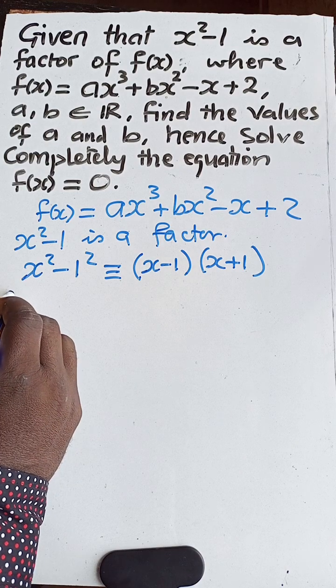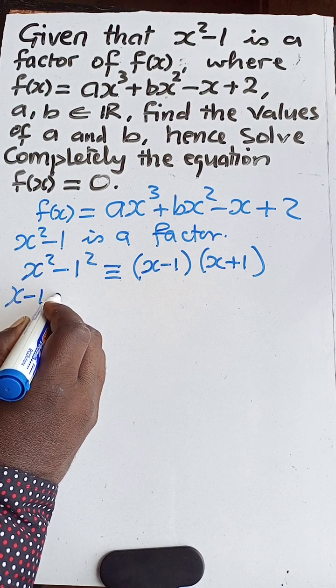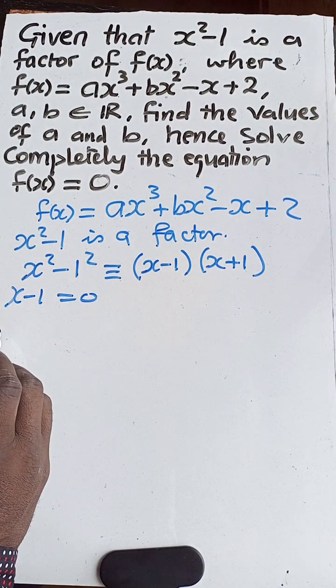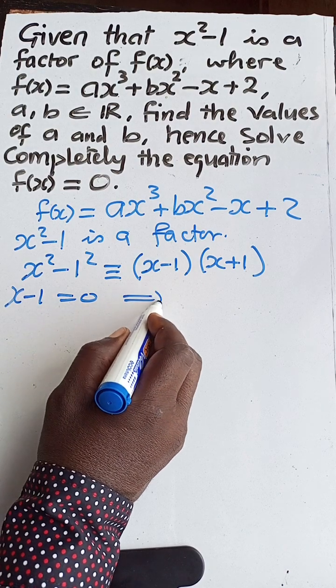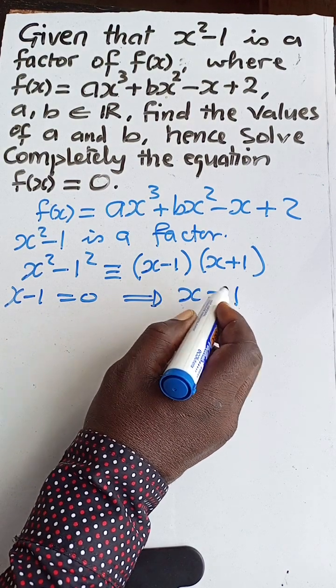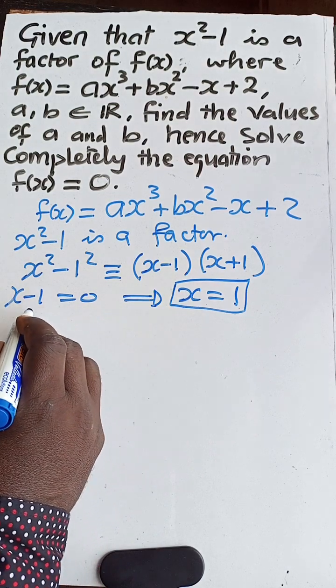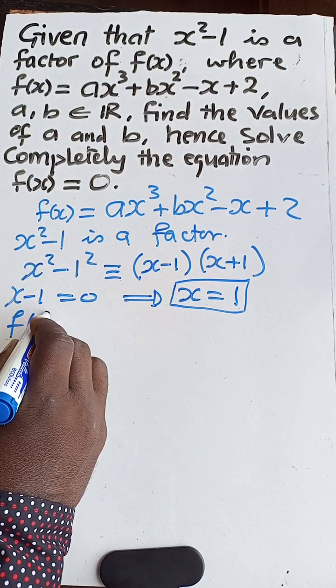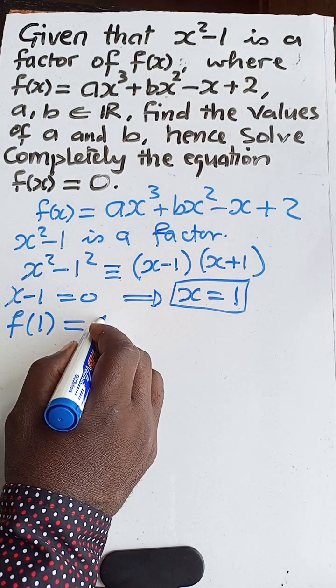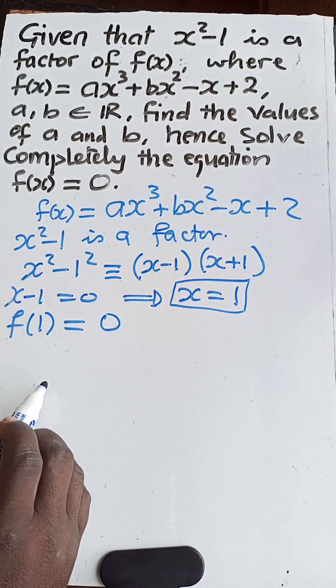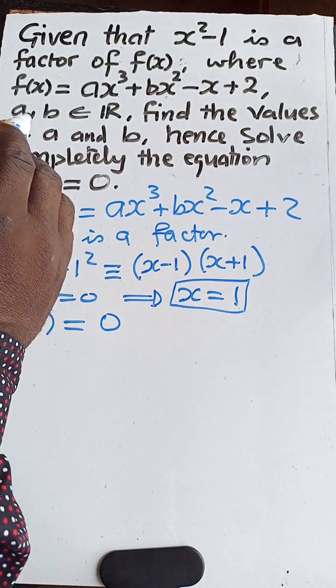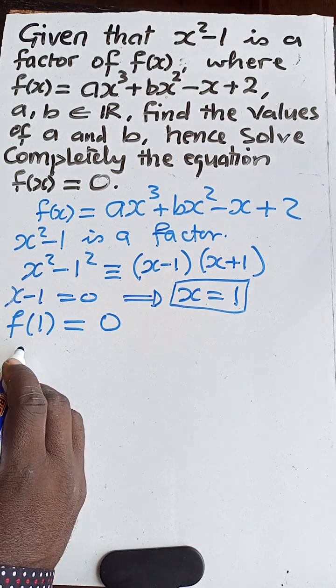All right, taking x minus 1, we'll set it equal to 0. This will mean that x equals 1 is a root. So we expect the remainder of that root to be 0, since x minus 1 is a factor. All right, let us put it in the expression for f of x.